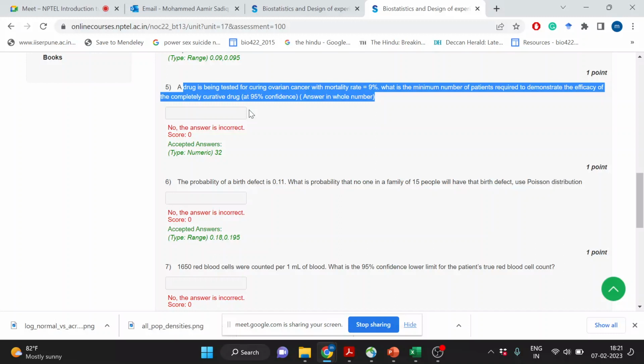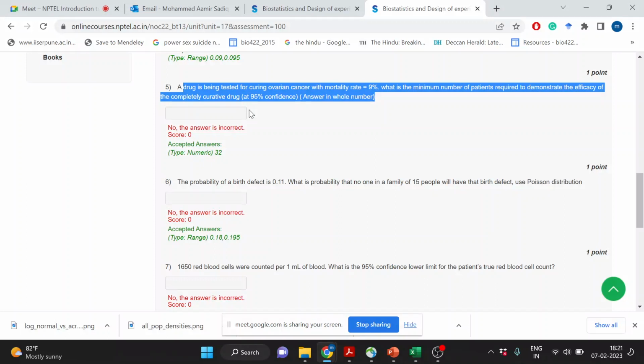Okay, maybe I'll explain the question. You need to calculate the minimum number of people to demonstrate efficacy of the drug. What the question is asking is, what is the minimum number of people you need to test so that you get a confidence that this drug will not kill people.